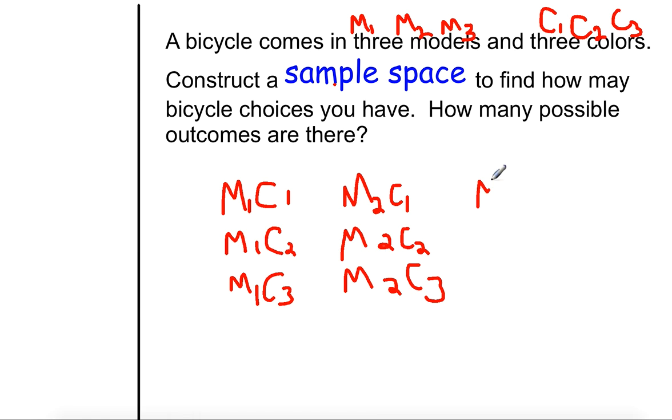And then we would go model 3 with color 1, model 3 with color 2, model 3 with color 3, which would give us 9 possible outcomes.